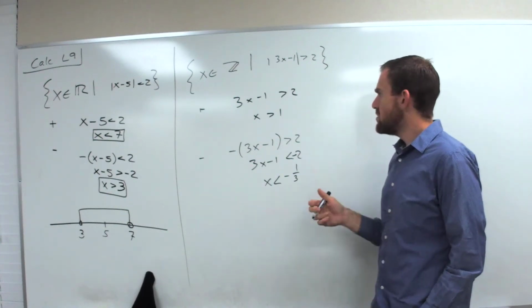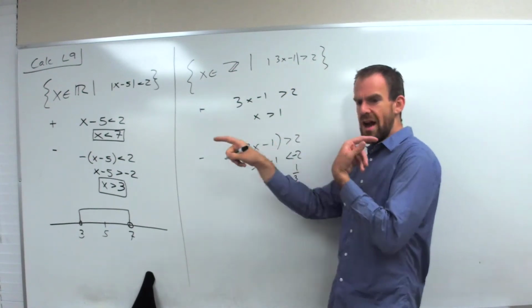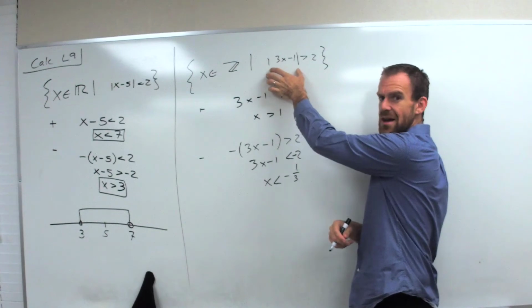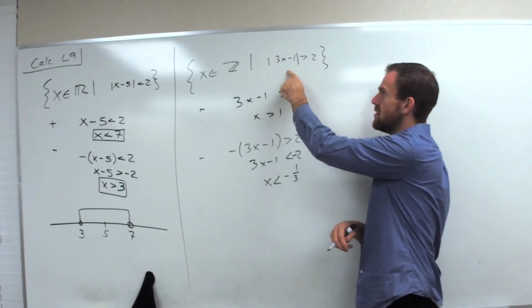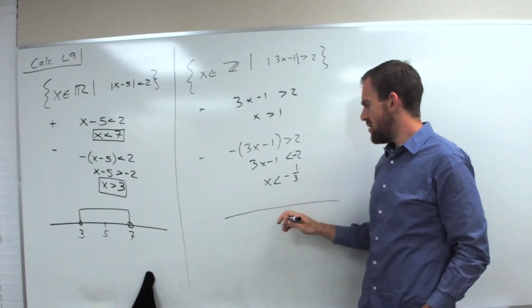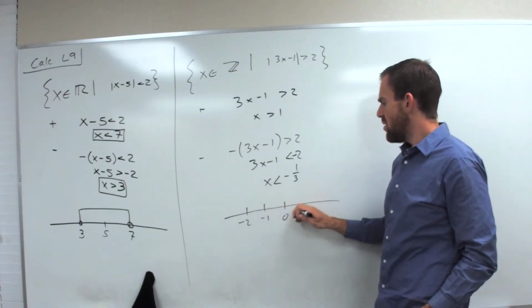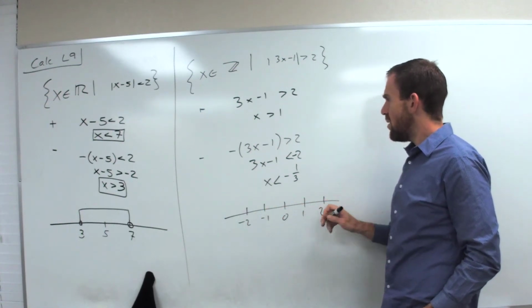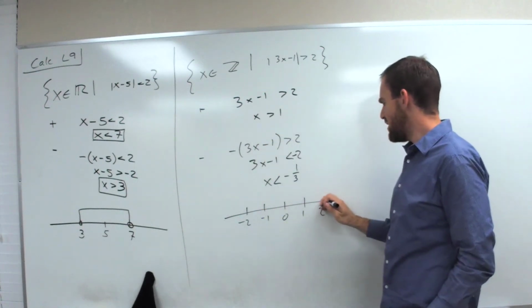Yep. So now what I know, since this is greater than, I know that it's going to point outward because I'm saying the distance away from a number, which just so happens to be 1/3, is greater than 2. So these should now point outward. So I have -2, -1, 0, 1, 2. I want all x's that are greater than 1, remembering that I'm selecting integers.